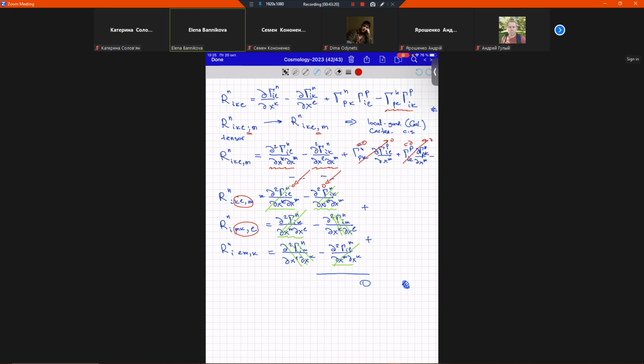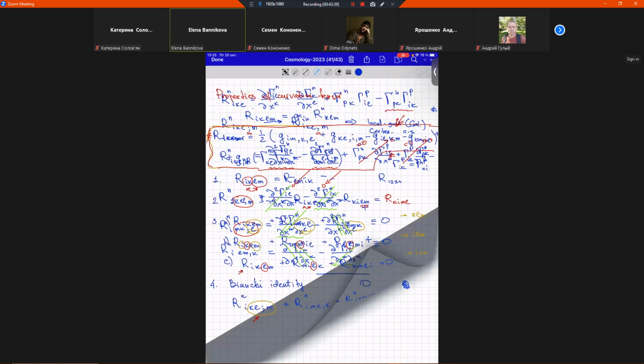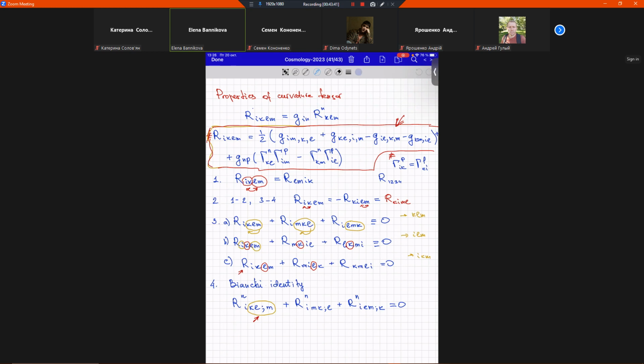It's better to write maybe in your notes that since we have the tensor character, or tensor properties, of this equality, of this identity, this identity works in any reference system, any coordinate system.